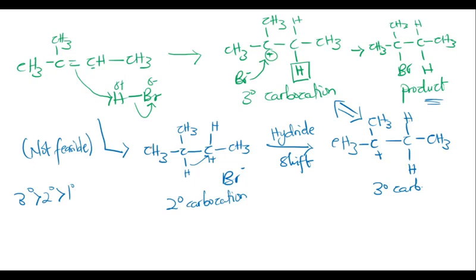So even though the addition doesn't go this way, in case it happens in an experiment, the reaction undergoes rearrangement to achieve stability, and then we form just our product. All right, so let's look at more examples to understand what we are actually doing.